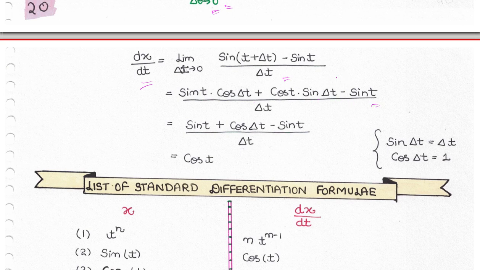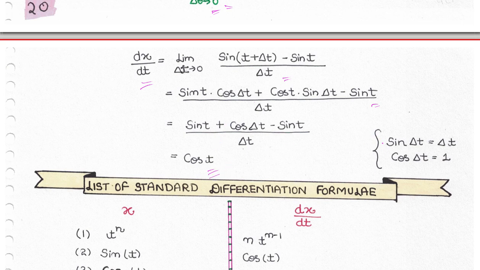Here we use the sin(a plus b) formula. If we simplify this thing, we have only cos t. That is the differentiation of sin t is cos t.